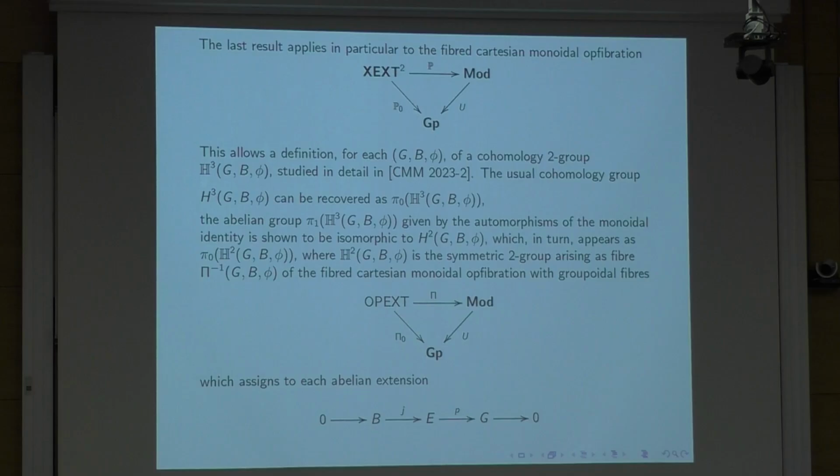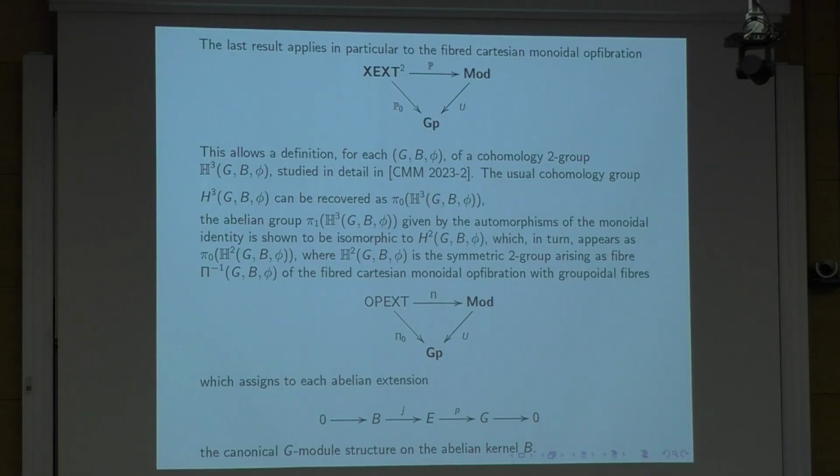And if you consider associated with any abelian extension the functor which assigns to such an abelian extension the canonical G module structure of the abelian kernel B, you get a functor pi, which is again a fiber-wise operation, and it is with groupoidal fibers.